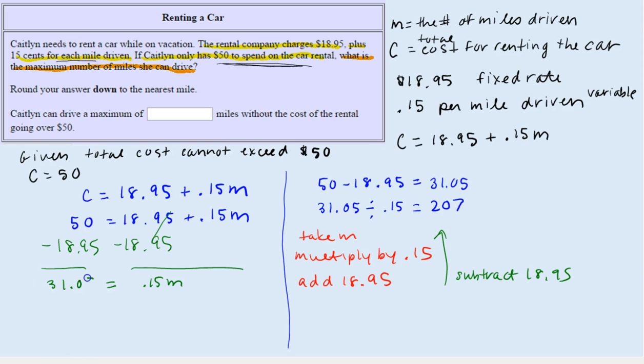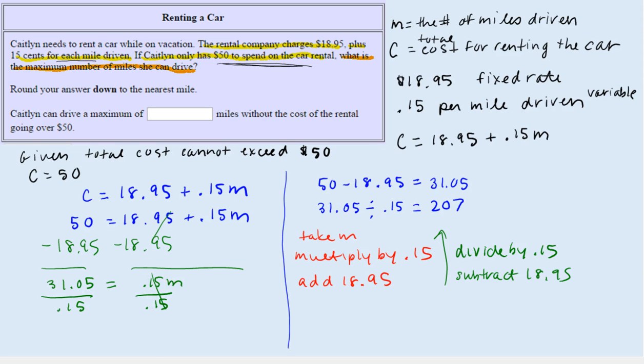I hope these numbers are looking familiar. Then, to undo multiplying by 0.15, we could divide by 0.15. So do that on both sides.